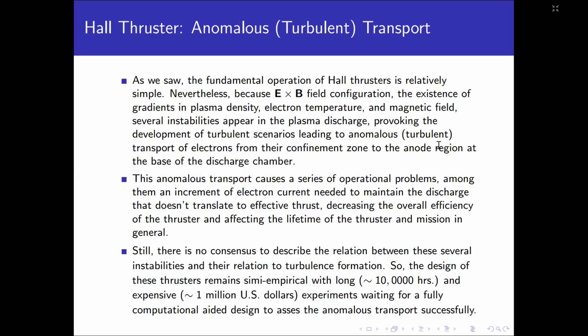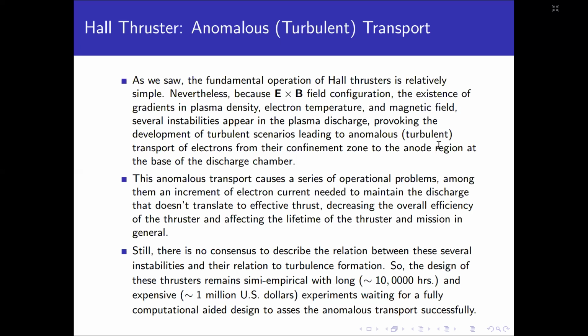So as you can see, some of the basics of the operation of this type of thruster can be more or less easily understood. Nevertheless, because we have this very particular field configuration, we have gradients in plasma density, electron temperature and magnetic field, and several instabilities appear in the plasma discharge, provoking the development of turbulent scenarios.